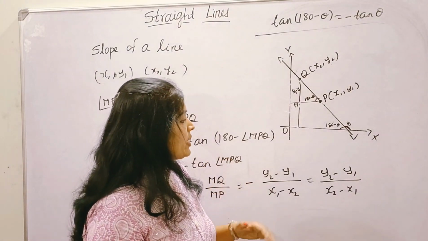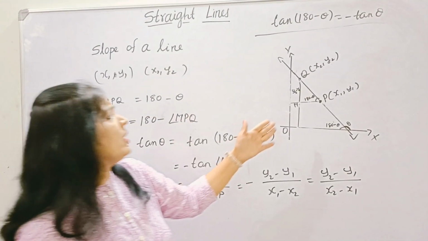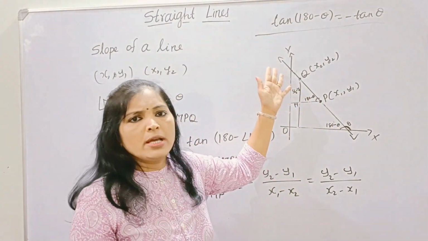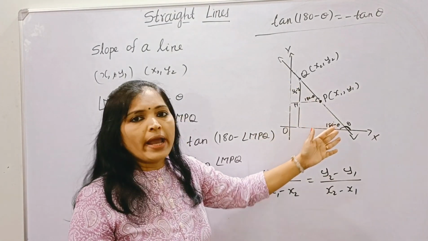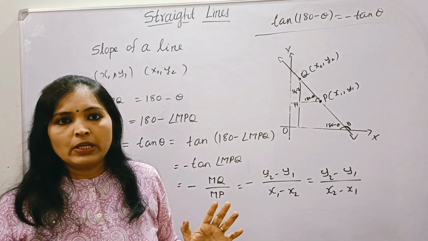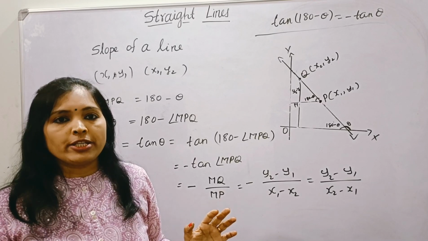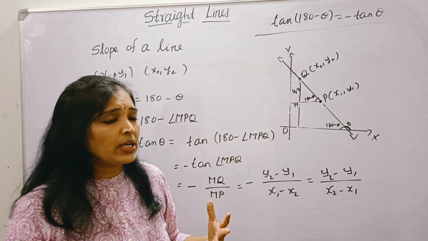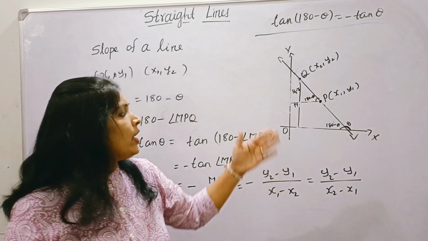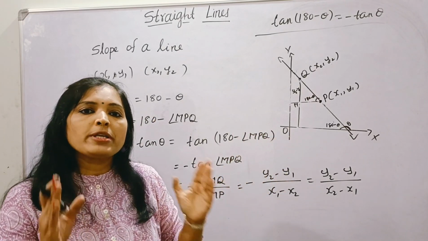One more thing: if you take any 2 points on the straight line, you will get the same slope. The slope will not change. Slope is constant.